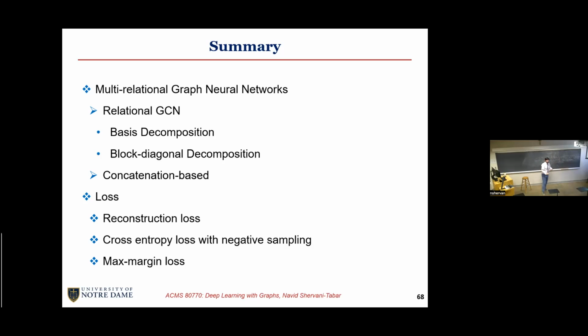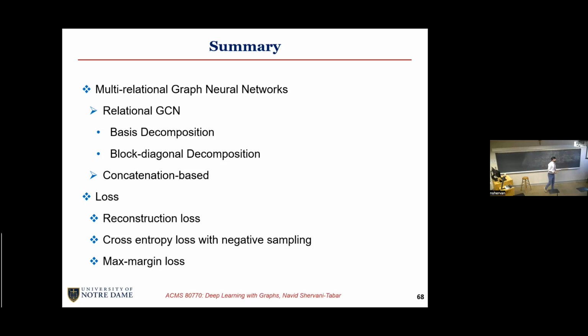What we do is concatenate the embedding of the edge with the tail entity, or the neighboring entity, of each node. And then we aggregate the concatenated vectors of edge embedding and node embedding of the neighboring node.